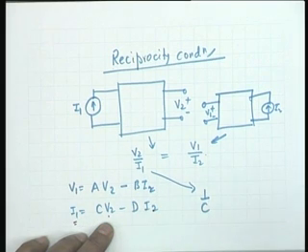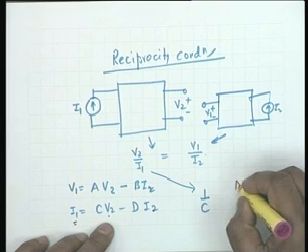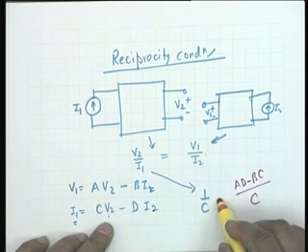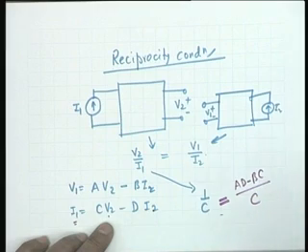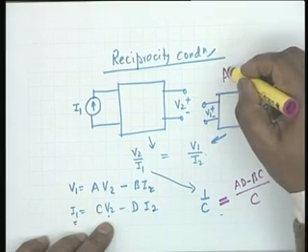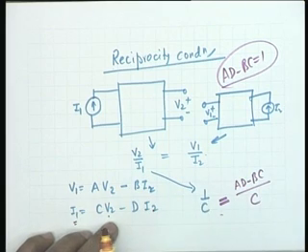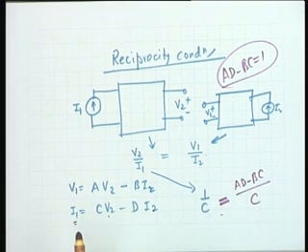AD minus BC by C. AD minus BC by C. So, these two should be equal, which means that AD minus BC should be equal to 1 if the network is to be reciprocal. We have proved it, okay.